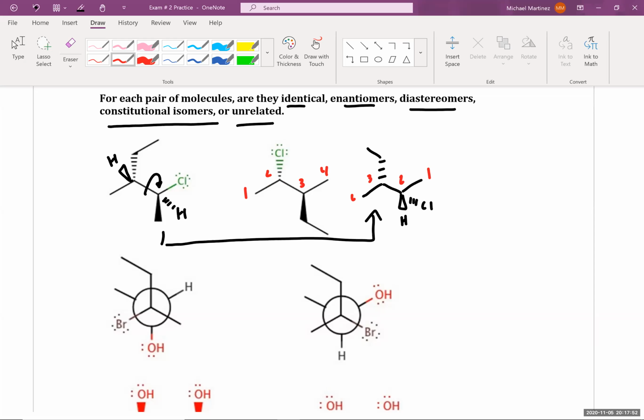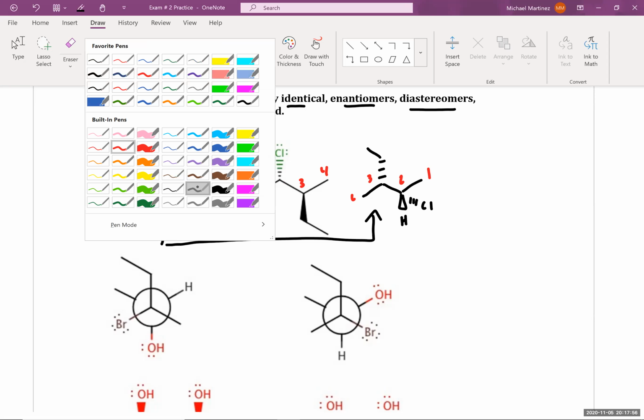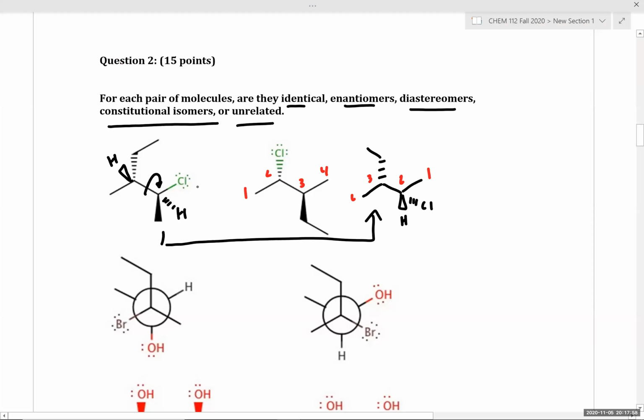Okay, so based on that, let's keep going now and try to rotate our perspective for this molecule so it matches the perspective that we have in our structure on the right.